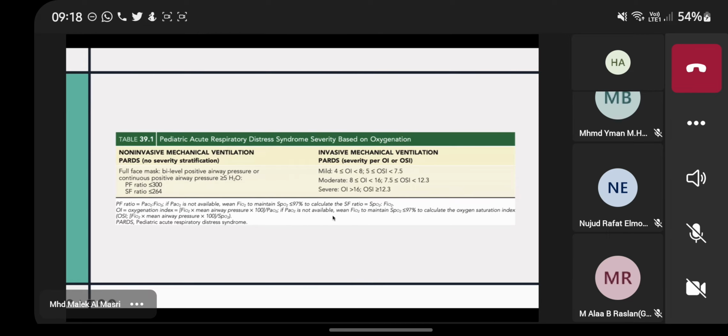In the case of OSI, we just replace the PaO2 with the oxygen saturation percentage. Mild is between 4 and 8 for the oxygenation index. Moderate is between 8 and 16. And severe is when it's above 16.